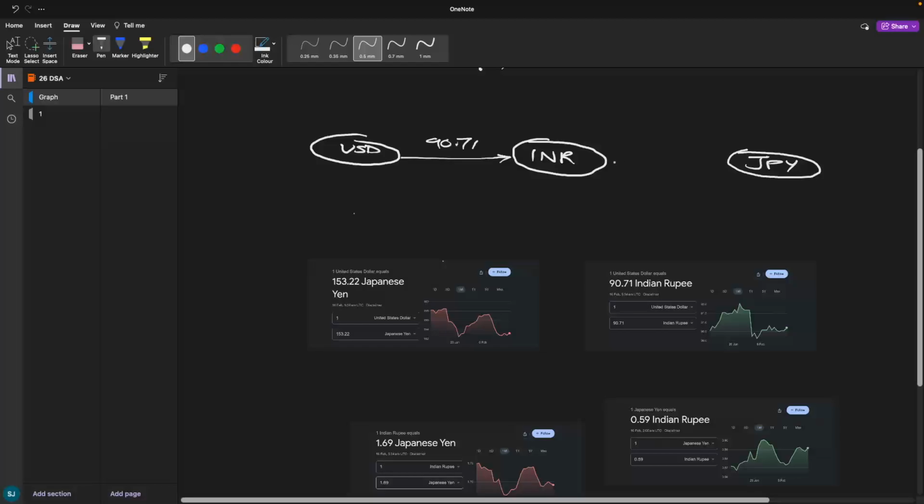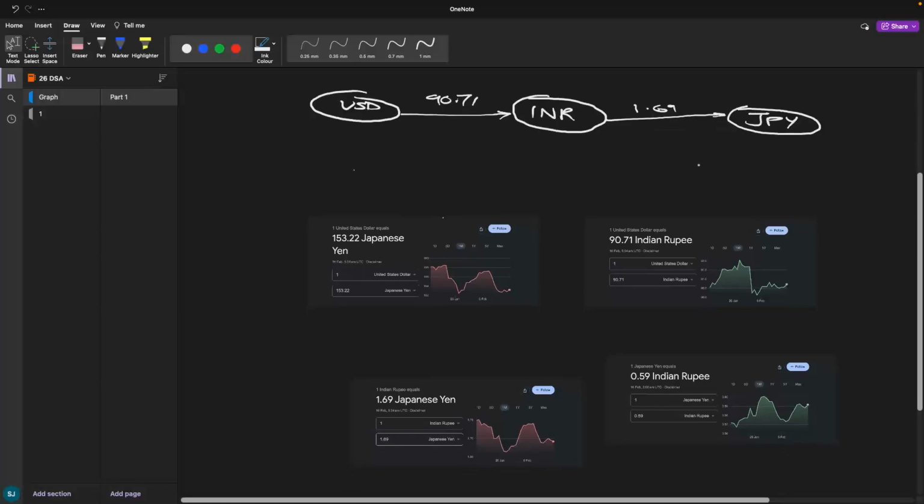And 1 INR is equal to what? How many Japanese yen? 1.69. So now, how much is 1 Japanese yen in US dollars, right?